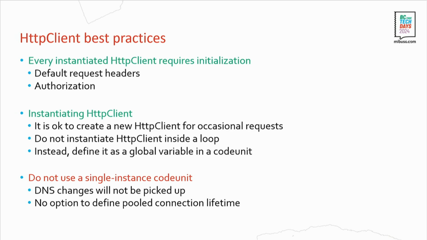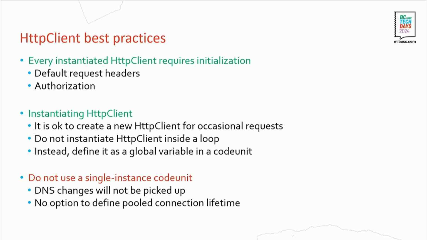And DNS changes, well, they happen. So if the server is suddenly sitting at a different IP address for whatever reason, then the HTTP client is not picking it up. In .NET, you can set a pooled connection lifetime, so after this period of time, you need to refresh your DNS information. We cannot do that in AL.